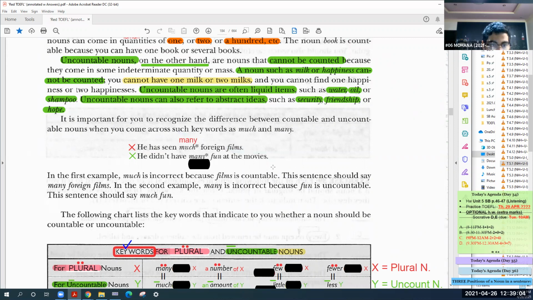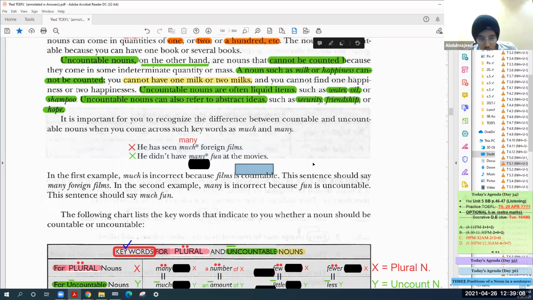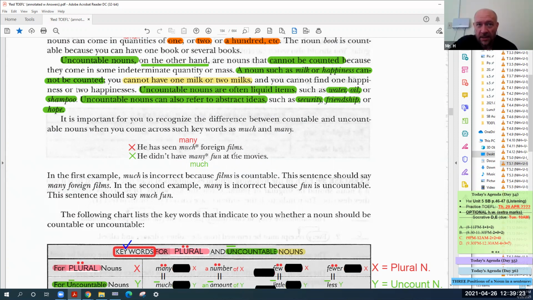Bingo. Abdul Majid, second example. He didn't have much fun at the movies. What's the problem here? Many, much, should be much. Why? Because fun is uncountable. Exactly. Fun is an uncountable noun.